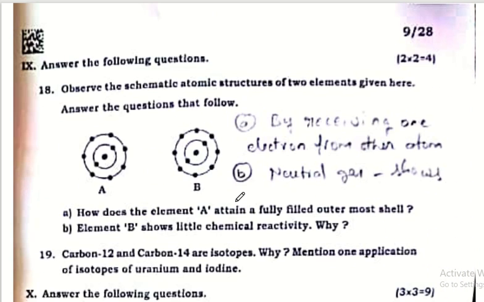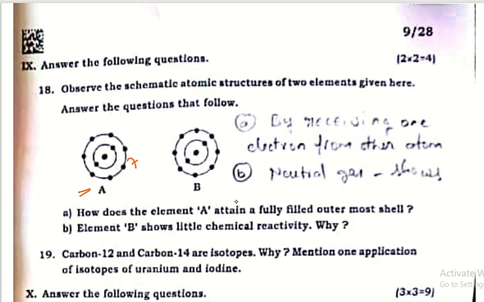Observe the schematic atomic structure of the two elements given here. Answer the questions that follow. How does element A attain a fully filled outermost shell? Here the outermost shell carries 2 plus 5, that is 7 electrons.